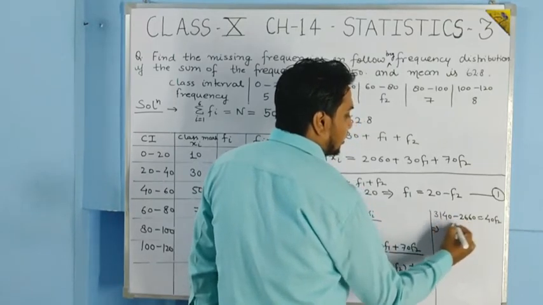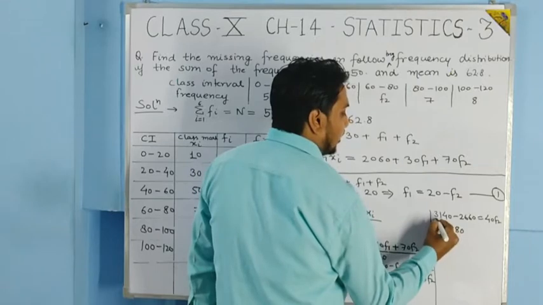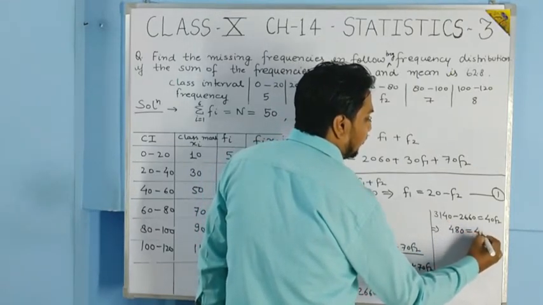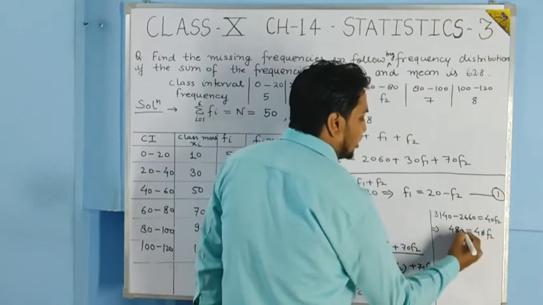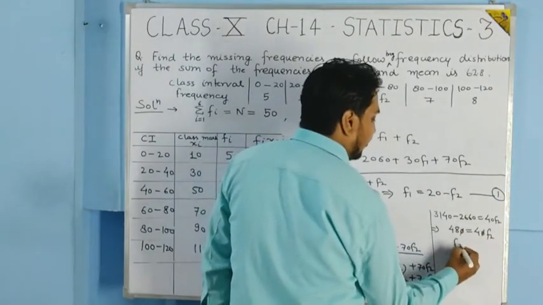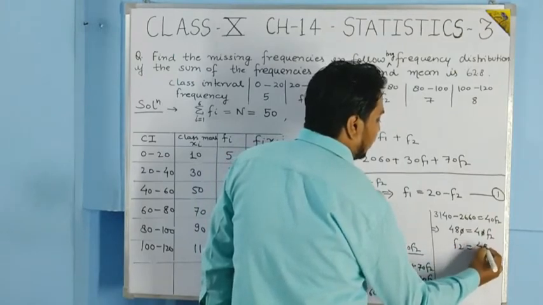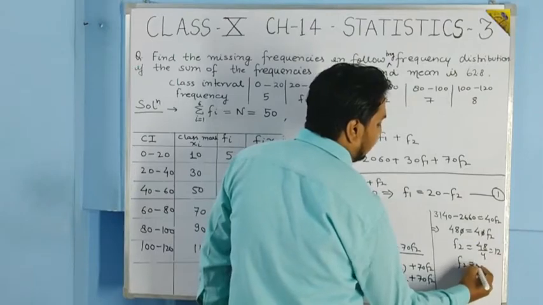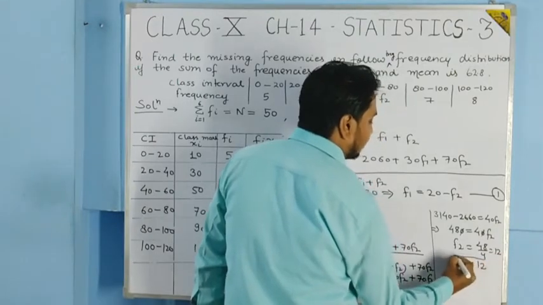Then 10 minus 6, that is 4. So we get 480 equals 40 F2. Here 0 and 0 will be cancelled out. Then when you solve it, you will get F2 as 48 upon 4, and that is 12. So you have got the value F2 is equal to 12.